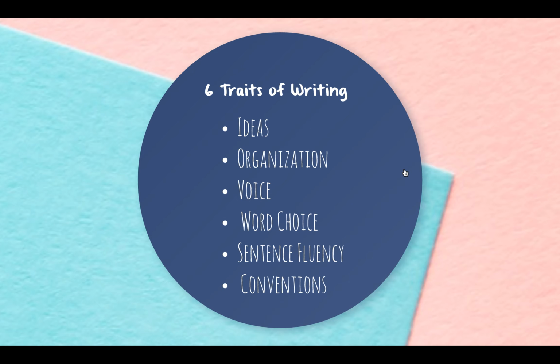And then sentence fluency, like I said, Dr. Seuss, amazing mentor text to go with this, because you want the students to hear in the story how it flows very nicely, and you want to set them up for success in any way possible, but especially when it comes to these 6 traits.